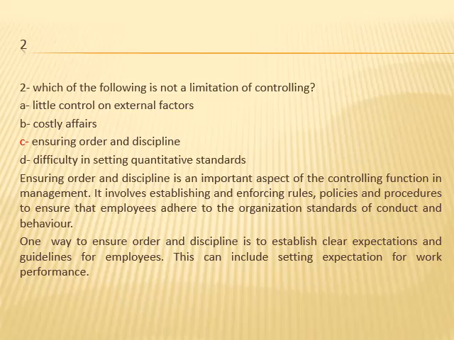Let's see what stands behind, for example, ensuring order and discipline. Ensuring order and discipline is an important aspect of controlling function in management. It involves establishing and enforcing rules, policies, and procedures to ensure that employees adhere to the organization's standards of conduct and behavior.